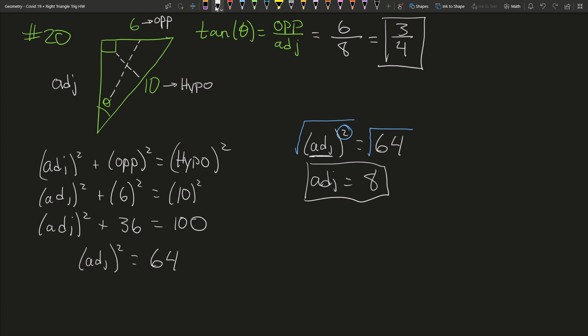So if we just define what terms we have, opposite, adjacent, and hypotenuse, I like to use those same things in the Pythagorean theorem. It's kind of up to you. From my standpoint, in order to keep myself organized, I like to keep it as consistent as possible. So if anything, I would use A, O, and H. But if you can stay organized and you know what sides you're talking about, that's totally fine.